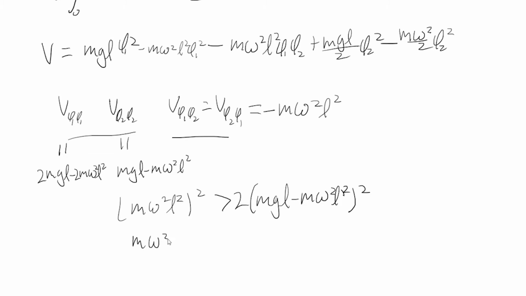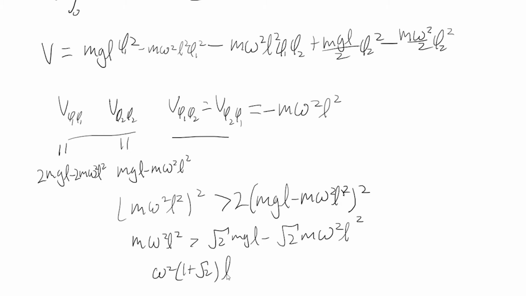So m omega squared L squared is greater than root 2 mgl minus root 2 m omega squared L squared. Let's get rid of some L's and m's, and we get omega squared times 1 plus root 2, L, is greater than root 2 g.